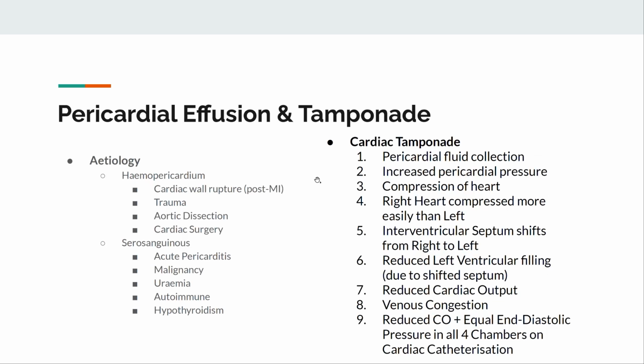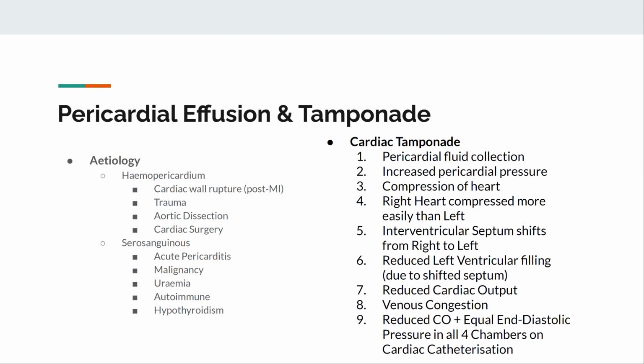Pericardial effusion can be related to acute pericarditis, but also other things. So you could have blood in the pericardium from wall rupture. So when you get an MI and that fibrosed portion of the ventricle, it can split, and then blood will be leaking from the ventricle into the pericardial space. Trauma or aortic dissection, because the pericardium comes up onto the root of the aorta.